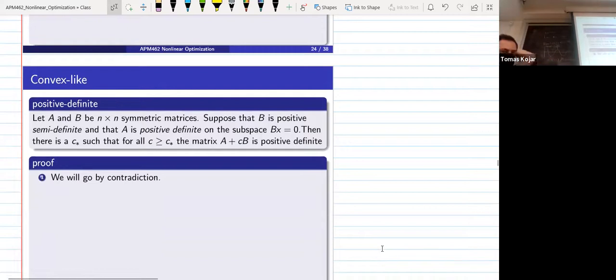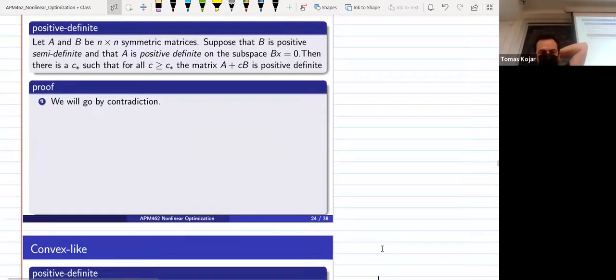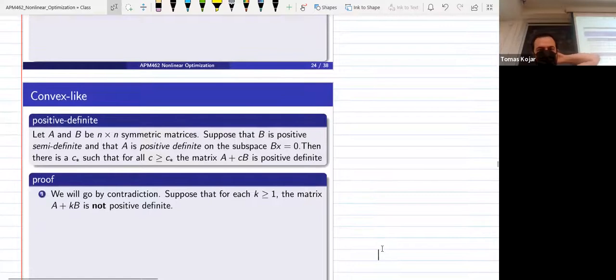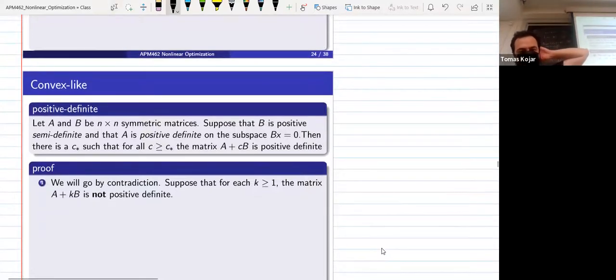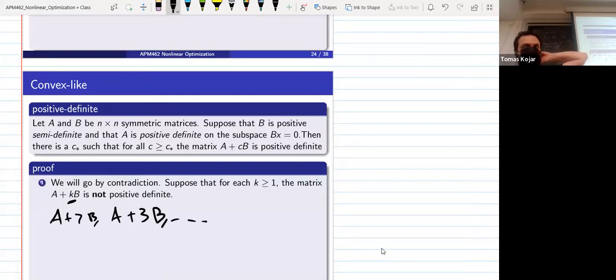I will prove this by contradiction, meaning assume that for each integer k, so like A plus 2B, A plus 3B, and so on, all these guys are not positive definite.